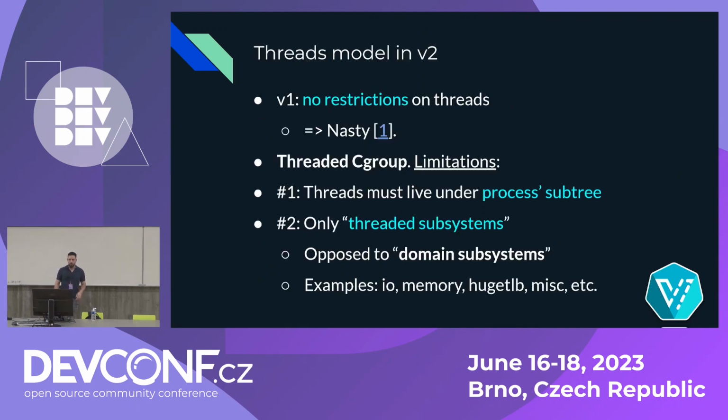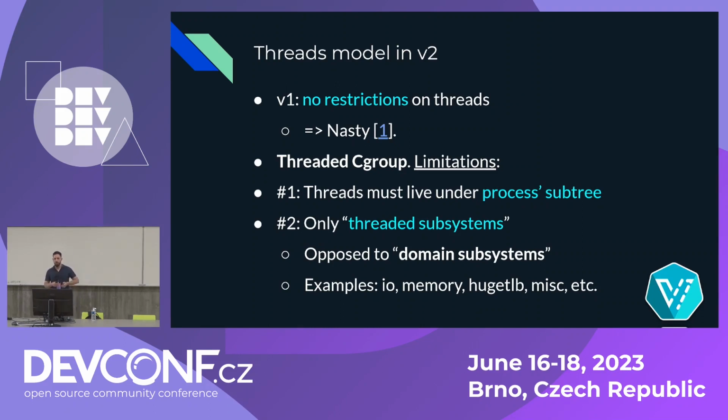Let's talk specifically about the threads model in v2. In v1, we have no restrictions whatsoever on threads. You can do whatever you want with them. And it was pretty nasty, and nasty is not my word. It's from the actual official kernel documentation. So I want to talk about two limitations when it comes to threads.